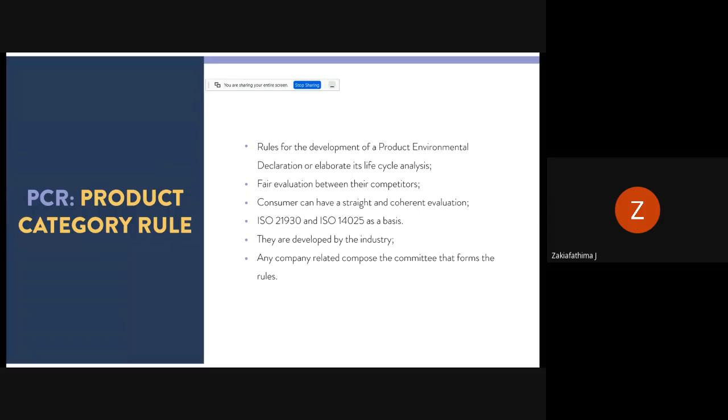The committee that forms the rules for these PCRs, not for the product but for these particular materials, will send whatever they are doing to the ISO standards for checking. Or they can get the standards from the ISO and make sure that the committee checks through every process of that material and that it sticks to the rules required for the declarations.